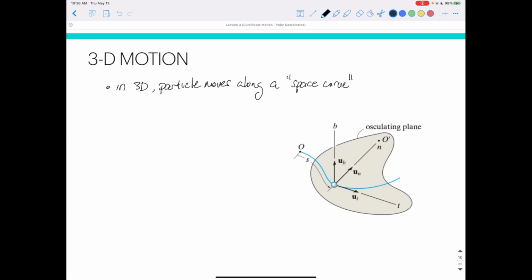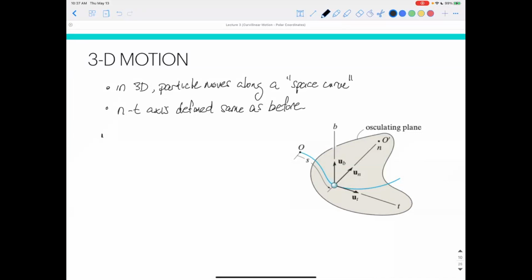And we can define the n and t axis the same as before, where we have n pointing towards the center of curvature and our t is pointing along the direction of the path. And now all we're going to define is some extra term, and that is going to be UB.